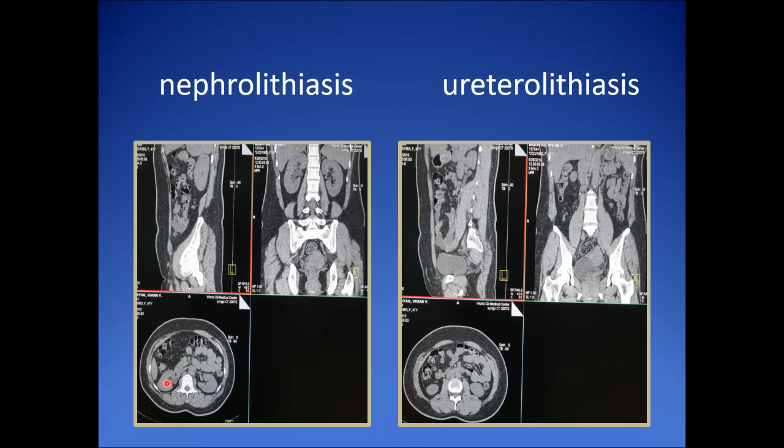Okay, now this is an example of ureterolithiasis here at the mid segment of the right ureter. Coronal, it's here. And as I have said, it is just in the axial just anterior to the psoas muscle.